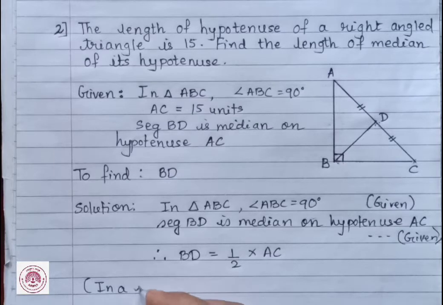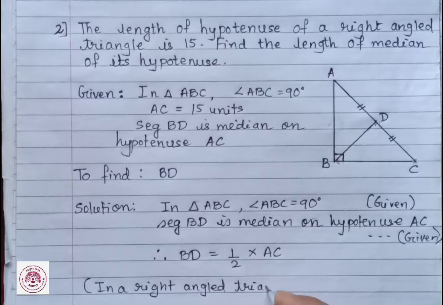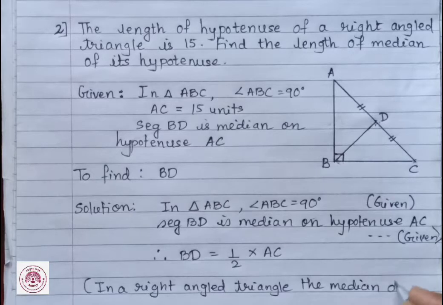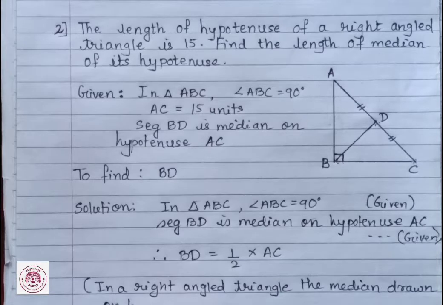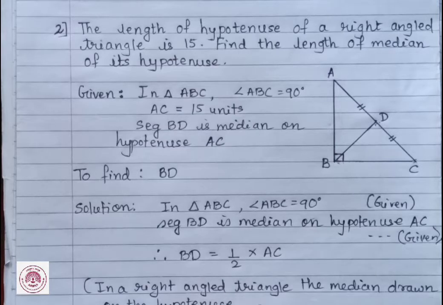The property we will write down as the reason: in a right angled triangle, the median drawn on the hypotenuse is half of the hypotenuse.